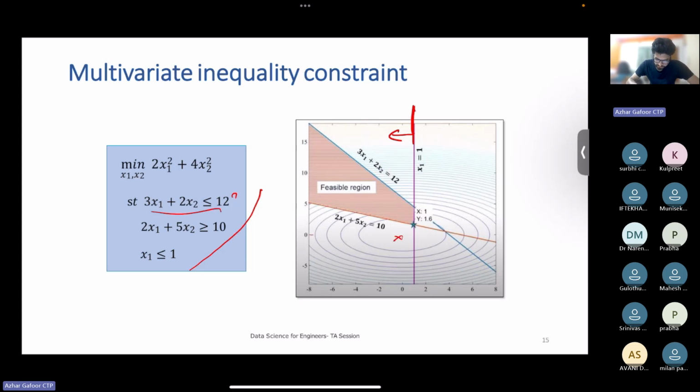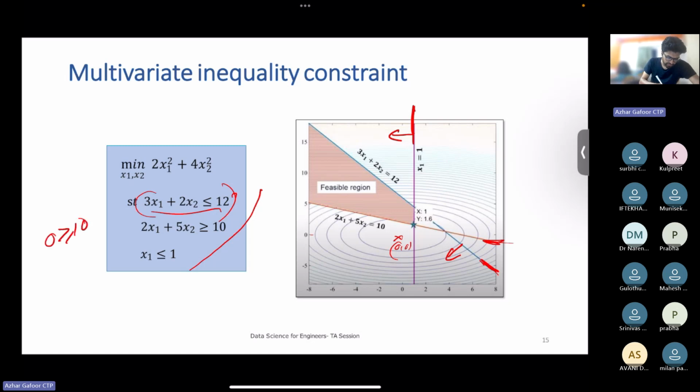Looking at this line, 3x1 plus 2x2 equal to 12, if you put 0, 0, it is on the right side. So this region. And for the last line, 2x1 plus 5x2 greater than or equal to 10, this is the line 2x1 plus 5x2 equal to 10. If you put 0, 0 in that equation, it is not going to satisfy.